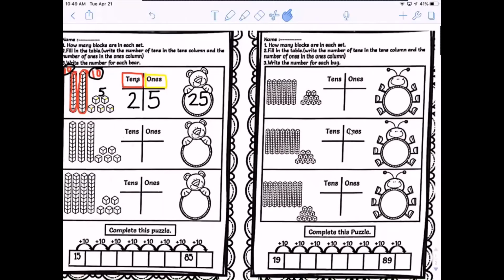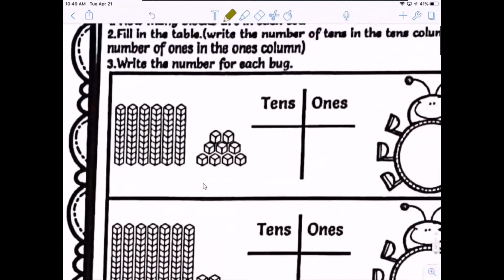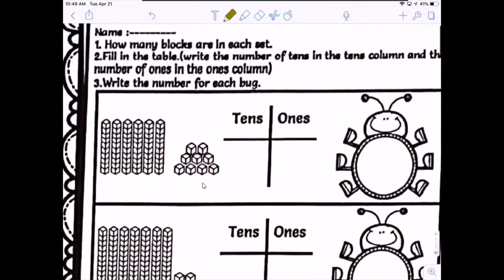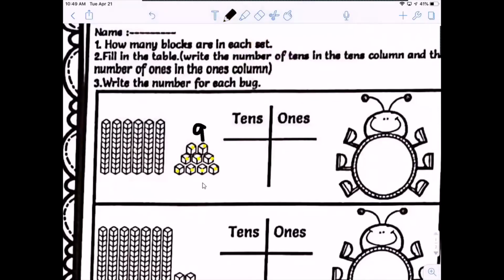You're going to be doing the same in the ladybugs. Okay. You're going to count how many ones. You count your ones. Okay. 1, 2, 3, 4, 5, 6, 7, 8, 9. Okay, you count your ones. 9.